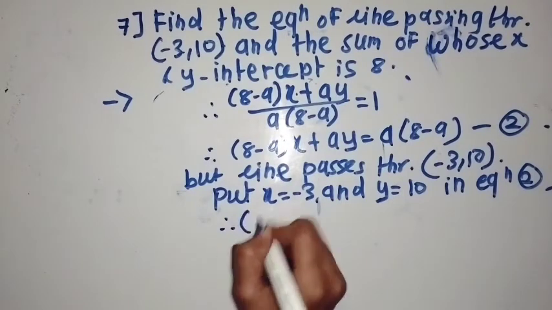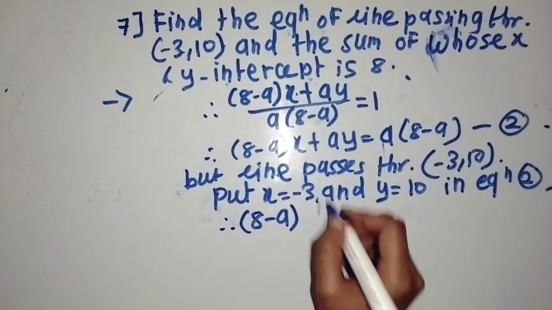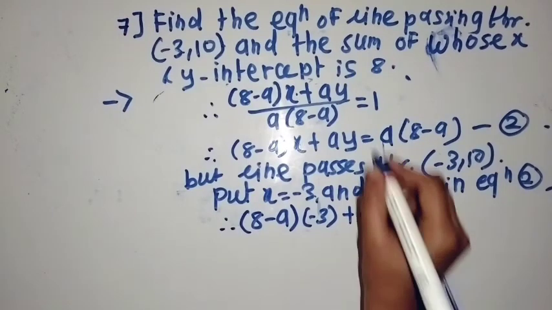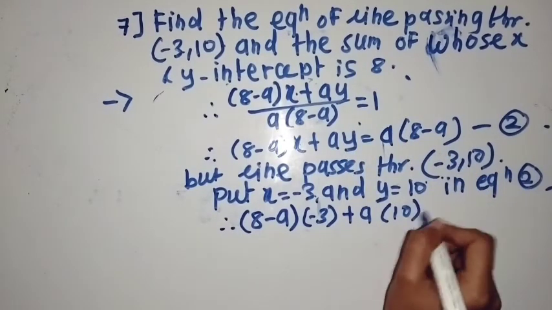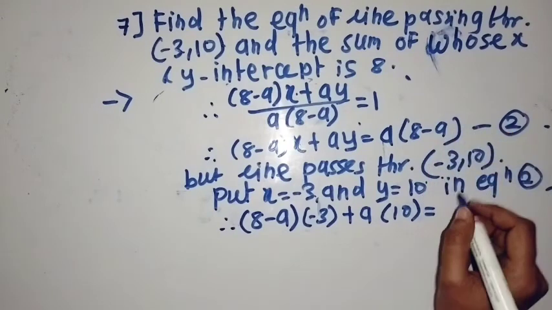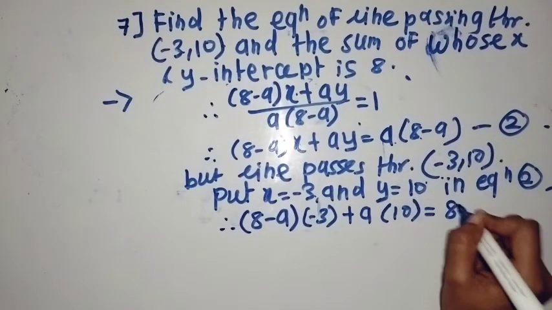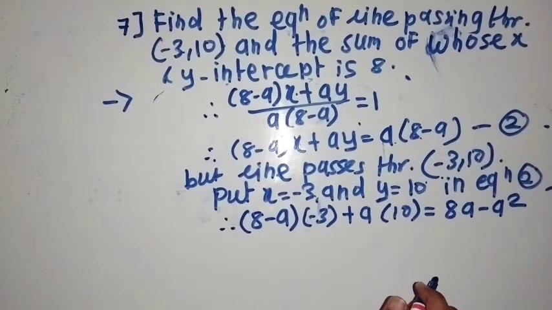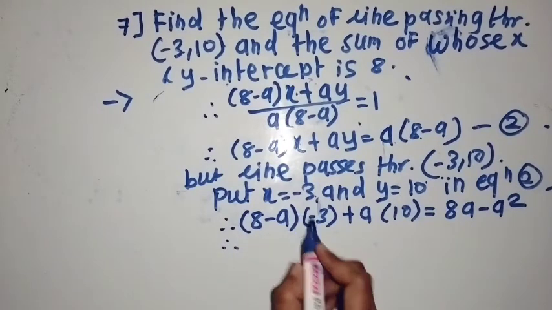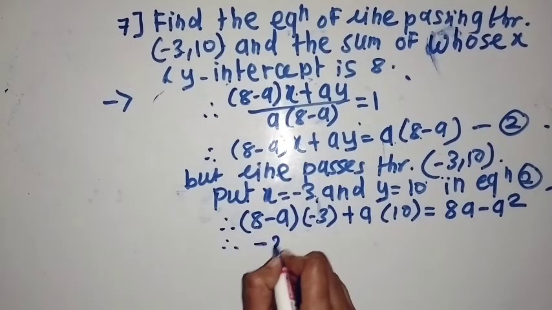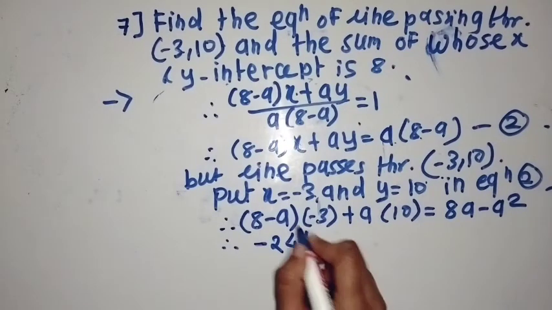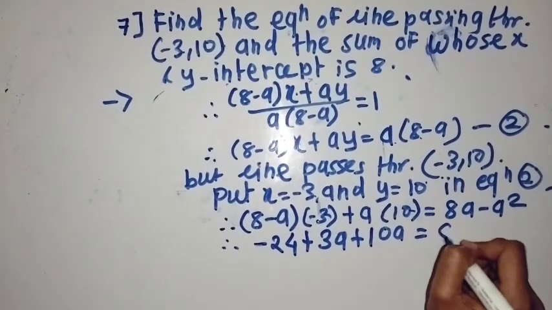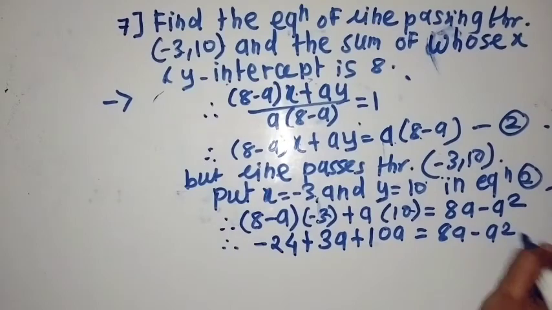Hence we get 8 minus a into minus 3 plus a into 10 is equal to a into 8 minus a, that is 8a minus a square. Hence we get minus 3 into 8 is minus 24, plus 3a plus 10a is equal to 8a minus a square.